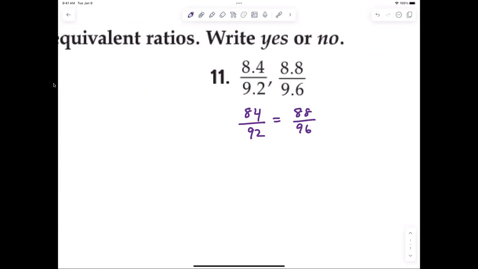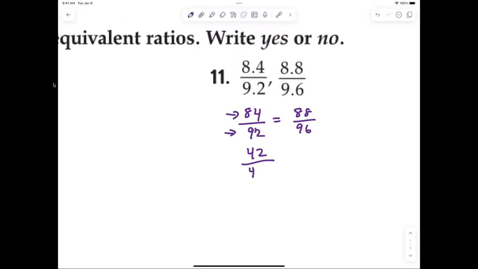All right. For me personally, I don't like to do 84 times 96, and I don't like to do 92 times 88. So I try to reduce the fraction. What number goes into 84 and 92? 2. So 2 goes into 84 42 times. 2 goes into 92. Well, 2 goes into 9 4 times with 1 left over.